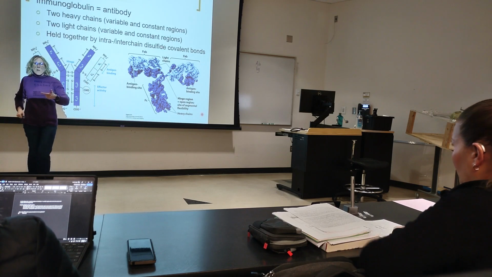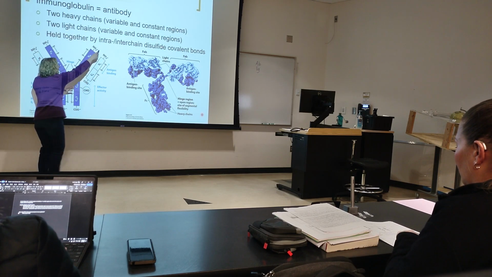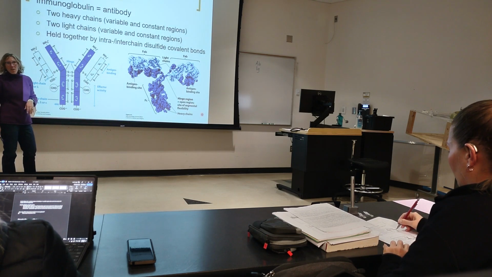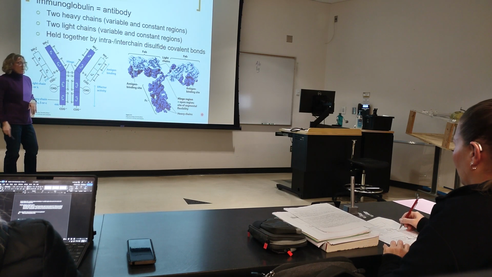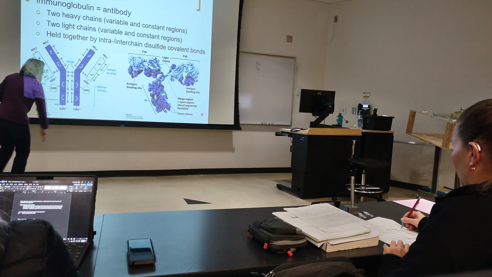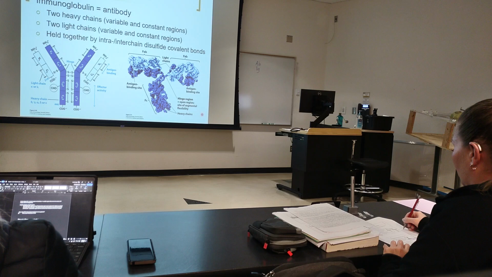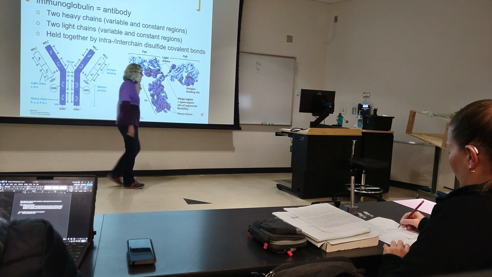So it's a heterodimer, because if I cut this in half, one side is different from the other side. This is a homodimer, because if I cut this in half, the two sides are mirror images. So the BCR is a homodimer, the TCR is a heterodimer.